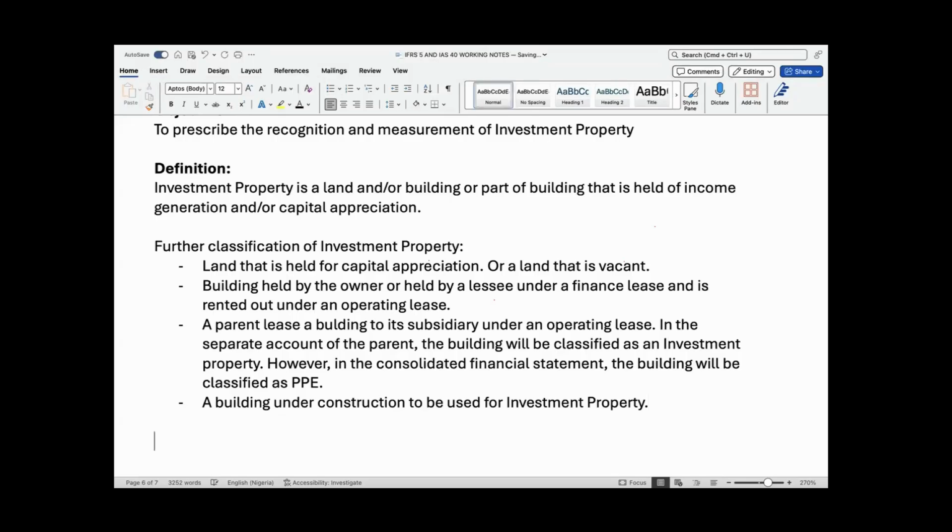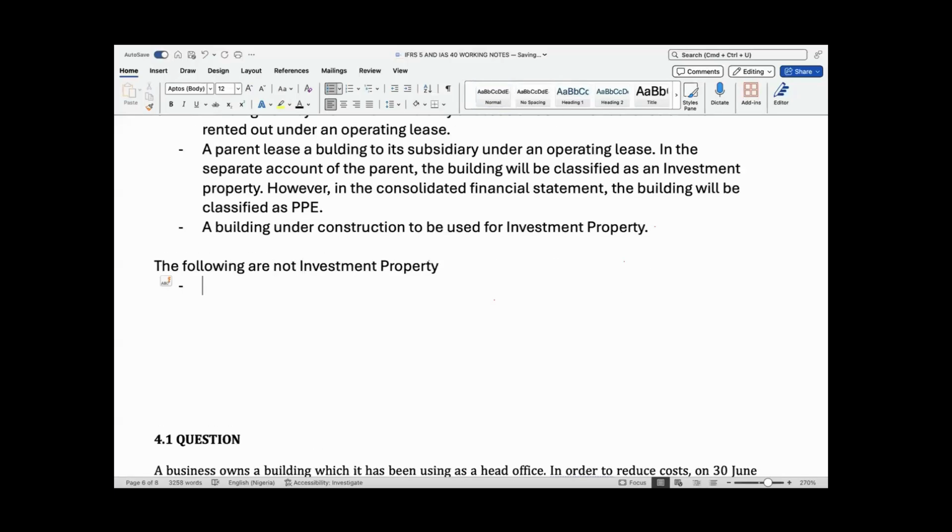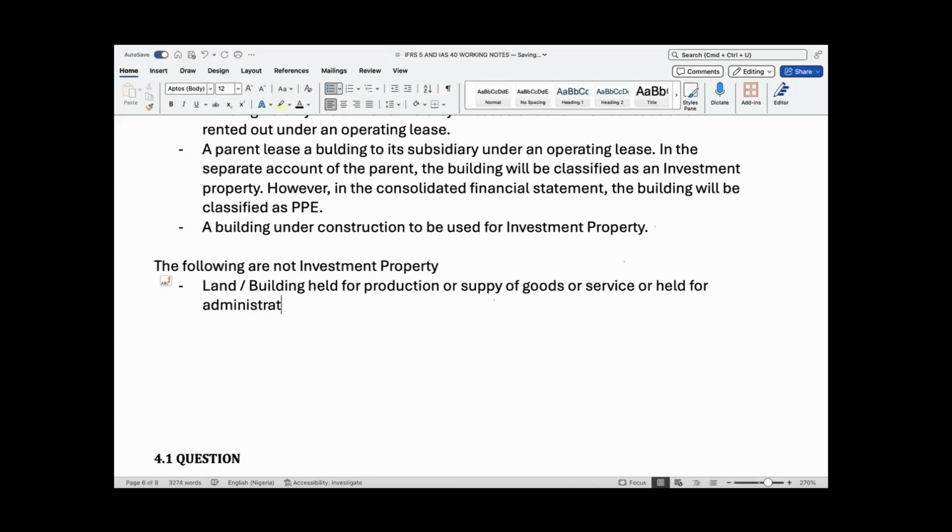Now, the following are not investment property. Number one, land or building held for production or supply of goods or services, or held for administrative purposes.